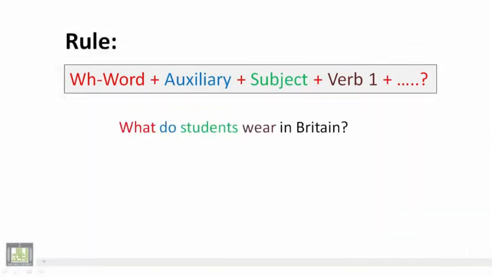What do students wear in Britain? This is an example, and we see that this is the WH word, and this is the auxiliary, الفعل المساعد, this is the subject, and this is the verb. Notice that the verb is in the first form, في الشكل الأول أو في التصريف الأول, without any inflections, دون أي إضافات على الفعل.